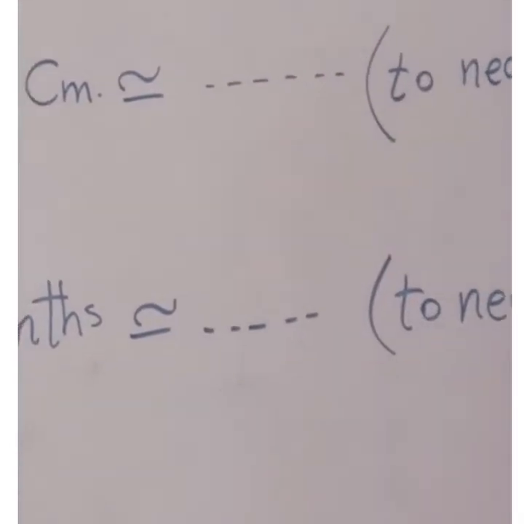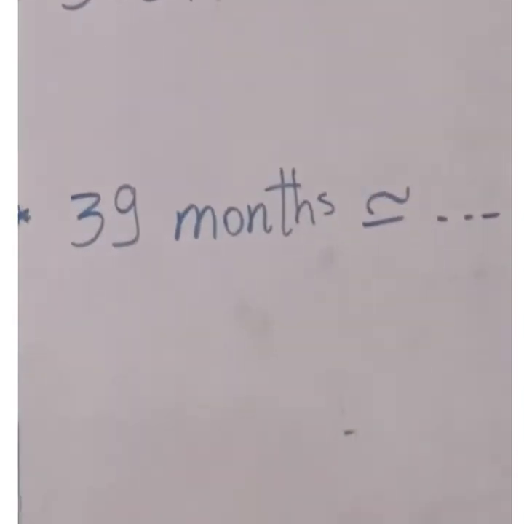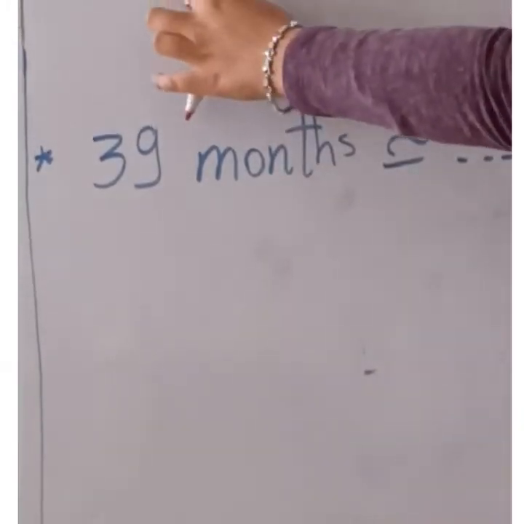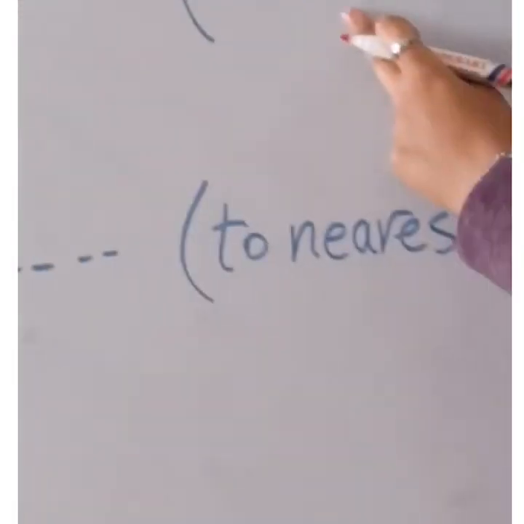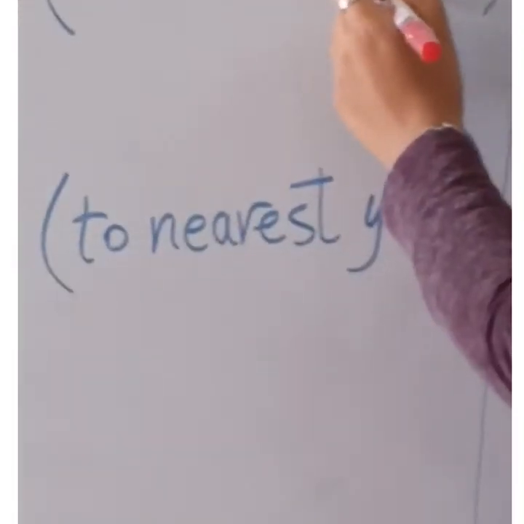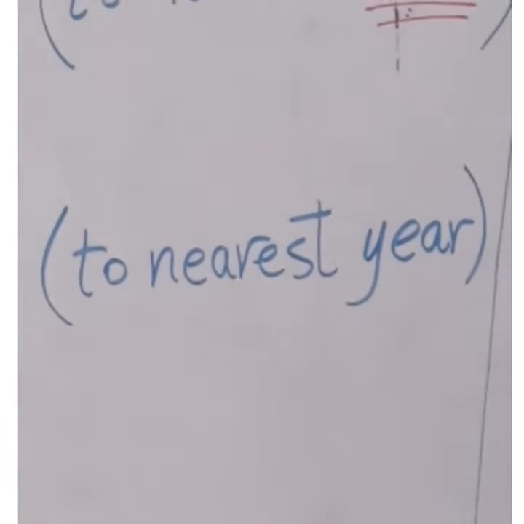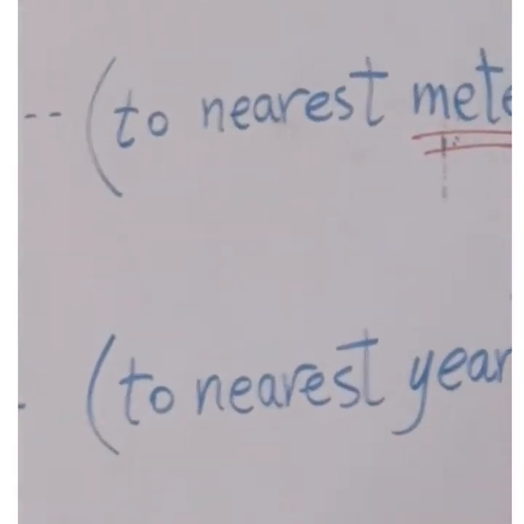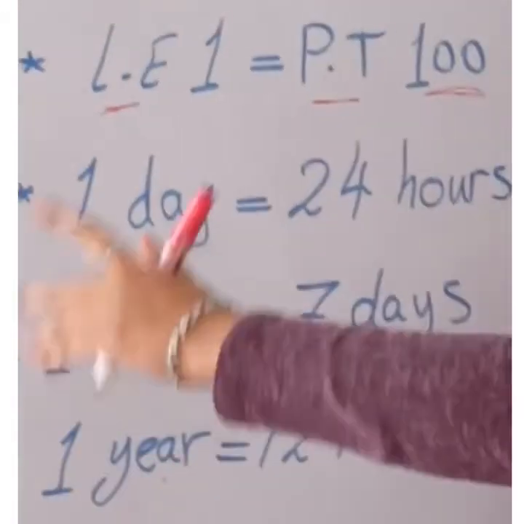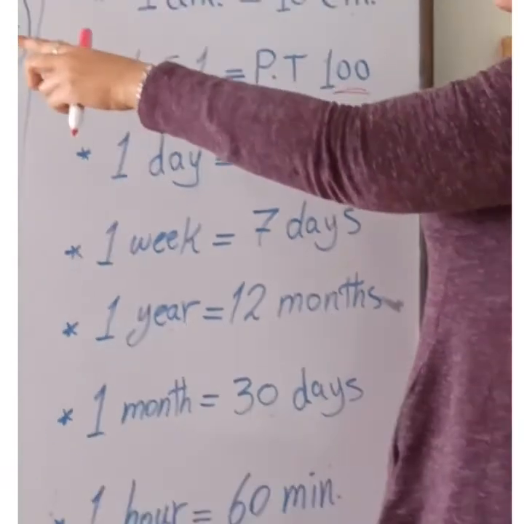In the second example, we have different units. This number is in centimeters and the approximation is to the nearest meter. We have different units here. So we will go to this number and convert from centimeters to meters.